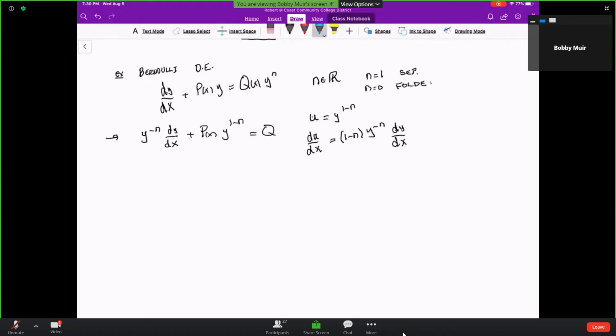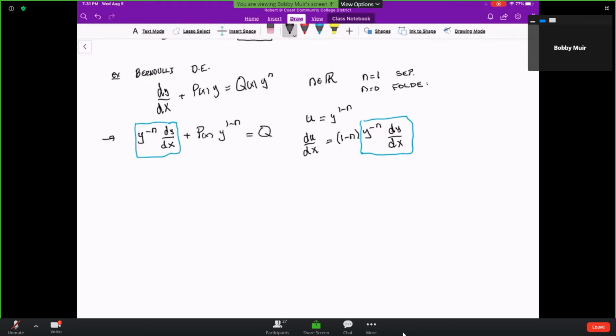I want you to see that that piece is right there. So if we make this substitution, I'm going to have 1 over 1 minus n times du dx plus p of x times u equals q of x.